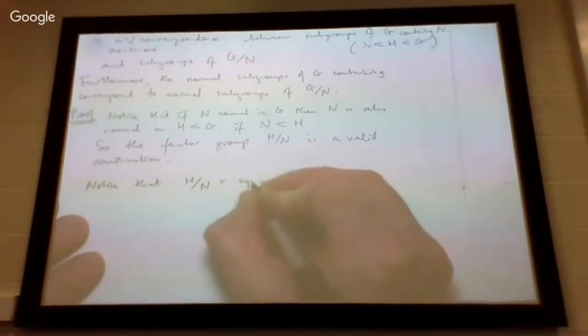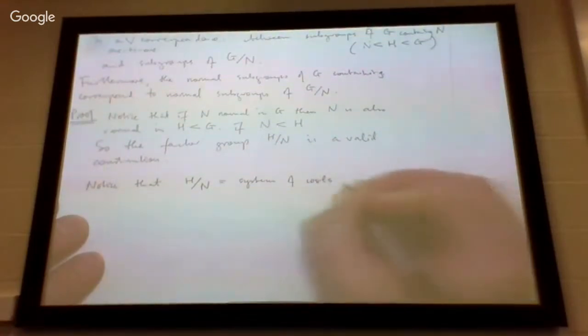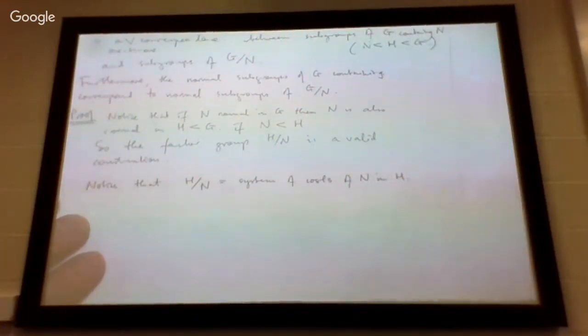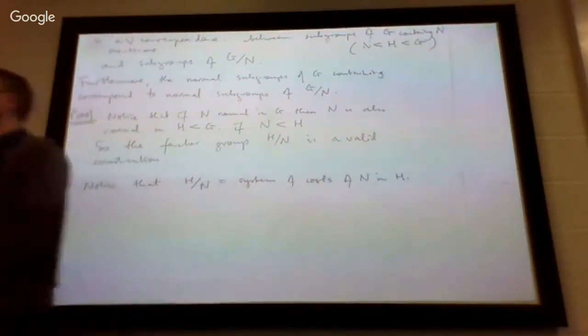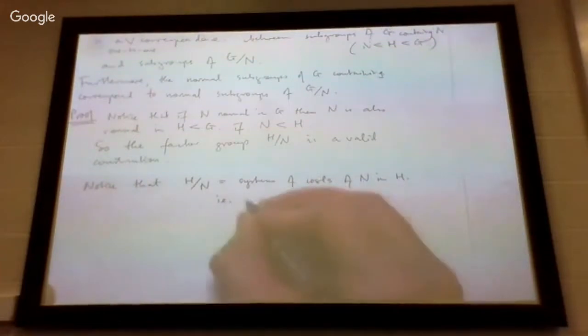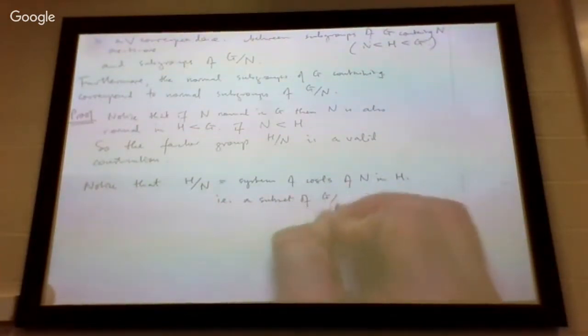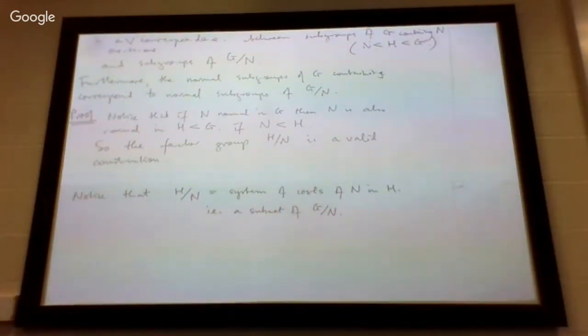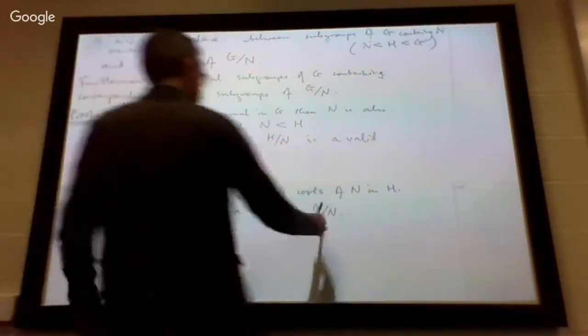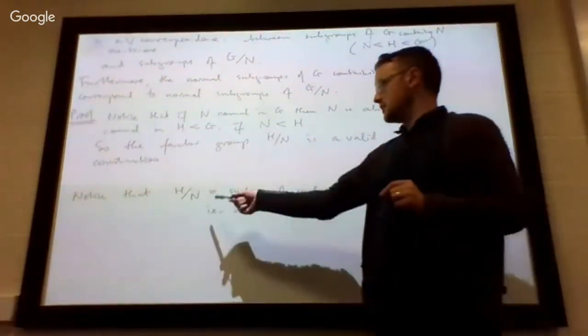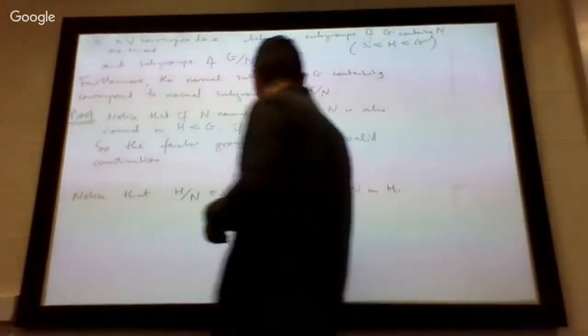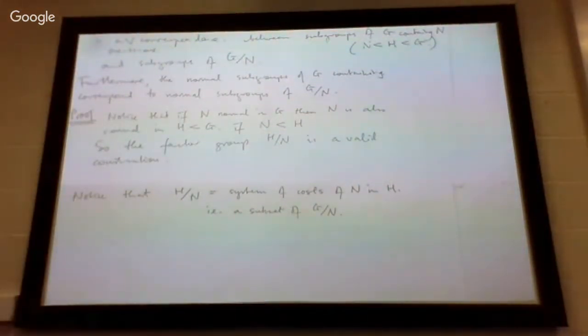This is a system of cosets of N in H. So they're cosets of N, so that means it is a subset of G mod N. Because G mod N, G factored by N, is the set of all cosets of N. Well, H is some of the elements of G. So H mod N is going to be some of the cosets from here, just those cosets that are represented by elements of H. So it's a subset, but it's more than just a subset, it's in fact a subgroup.